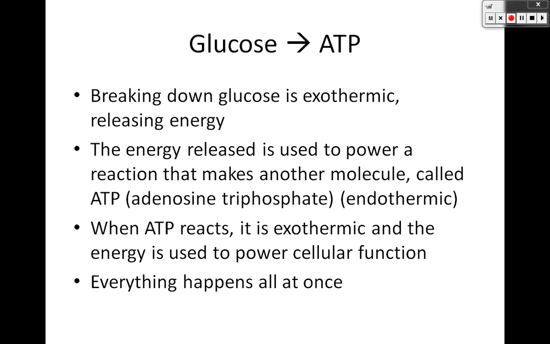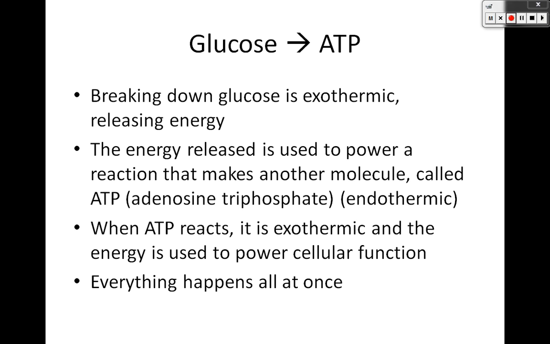So we know all about breaking down the glucose now in cellular respiration. Now we want to look at this glucose to ATP link. When I say breaking down glucose, I don't mean physically breaking the glucose apart. I mean the whole reaction in general is exothermic.